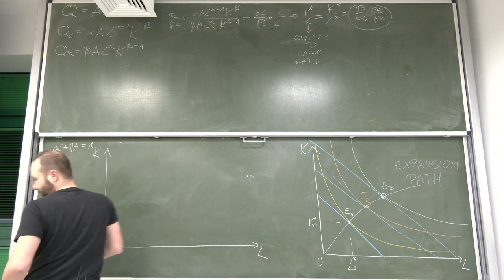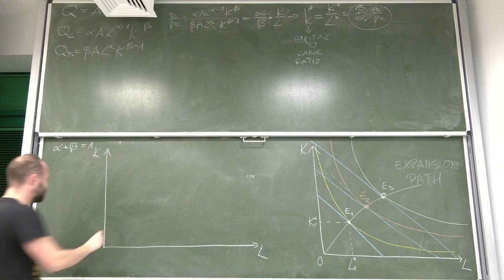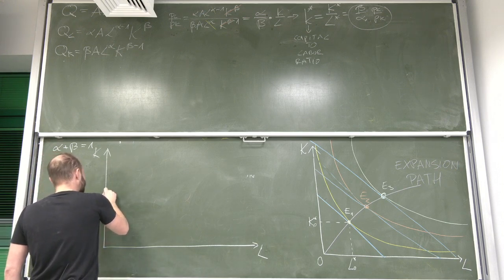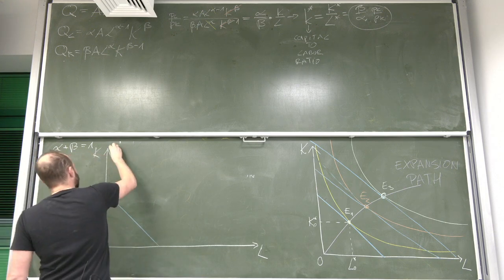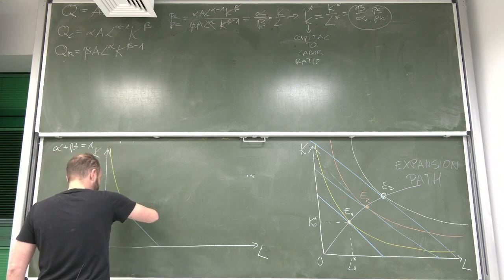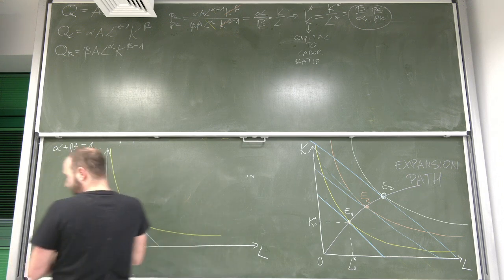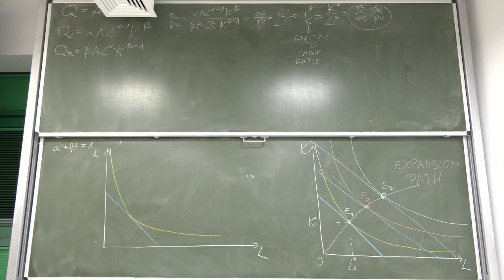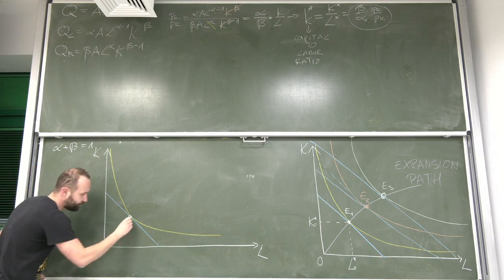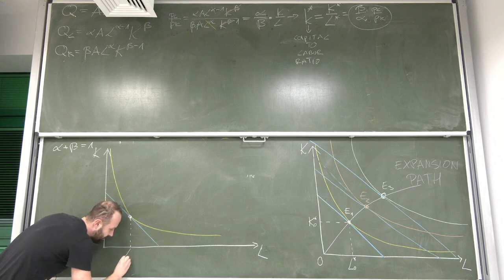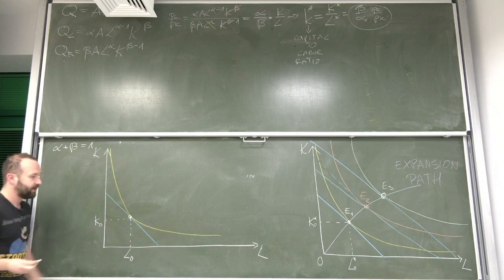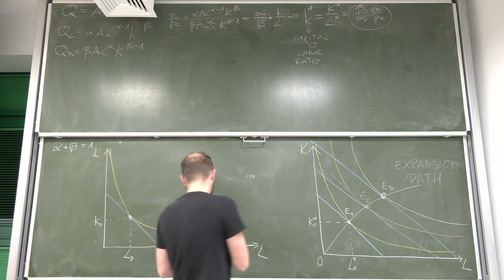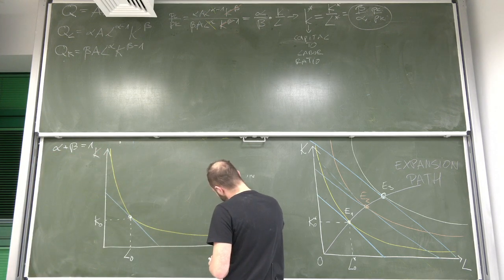Okay, we've got some budget constraint, we've got some isocost line, and we've got some isoquant. Okay, now look, at the equilibrium point, we have some level of labor L0 and capital K0 that gives us the level of production Q0.